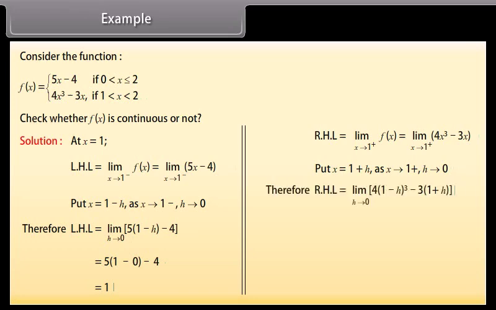Therefore, right-hand limit is equal to limit as h approaches 0 of 4 into (1 plus h) cube minus 3 into (1 plus h), which is 4 into (1 plus 0) cube minus 3 into (1 plus 0), which is equal to 1. f(1) = 5 into 1 minus 4 = 1.